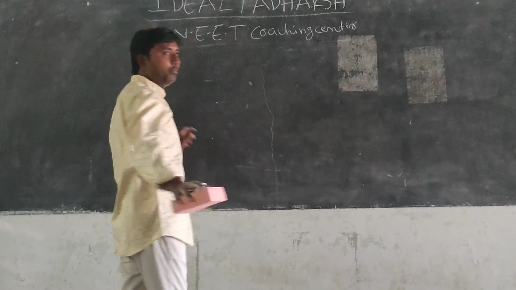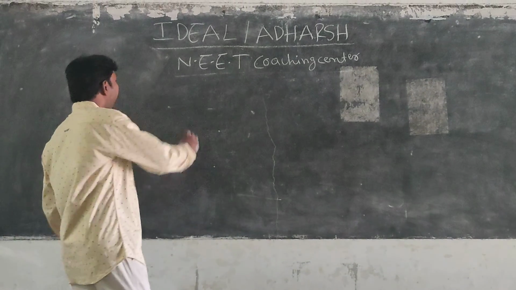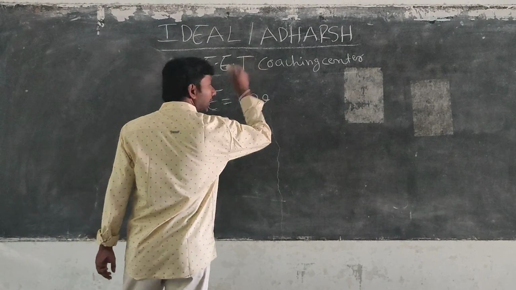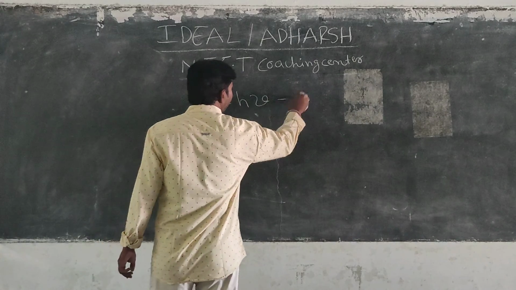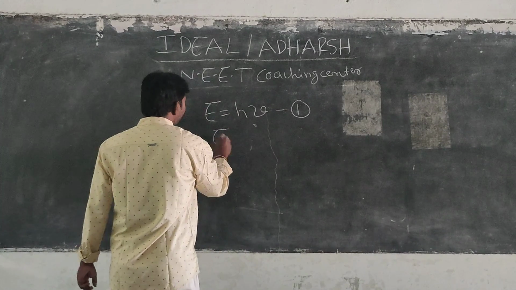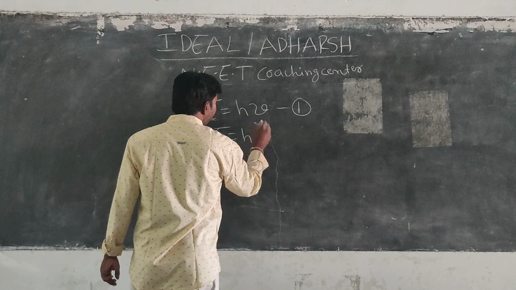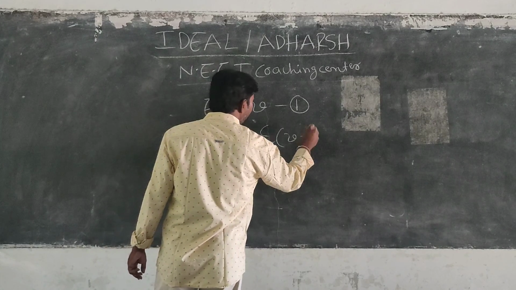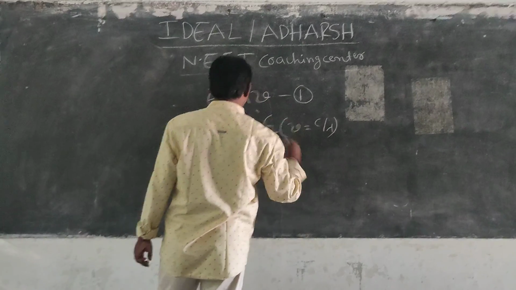Next, the relation between both formulas. What is the first one? E equal to h nu. This is equation 1. Here h nu equals h into c by lambda, where nu equals c by lambda.